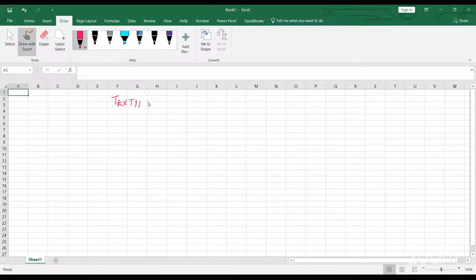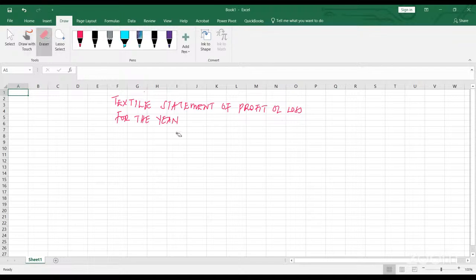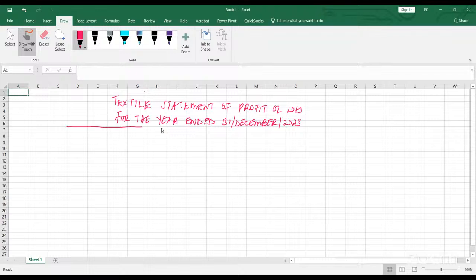This is Textile statement of profit or loss for the year ended 31st December 2023. So that is the statement of profit or loss for the year ended 31st December 2023.